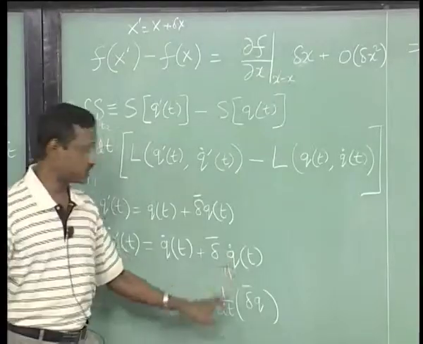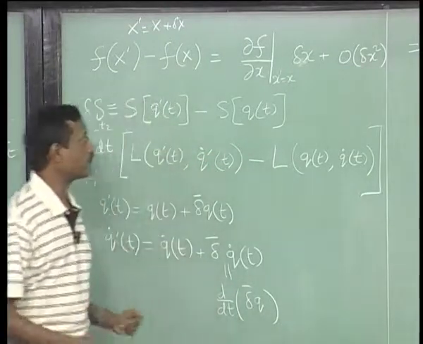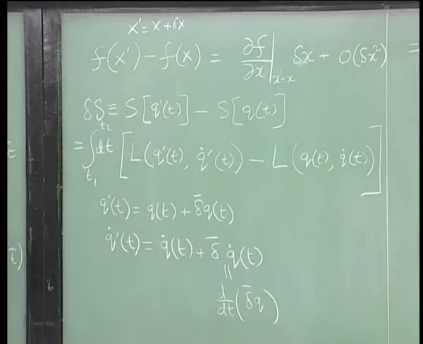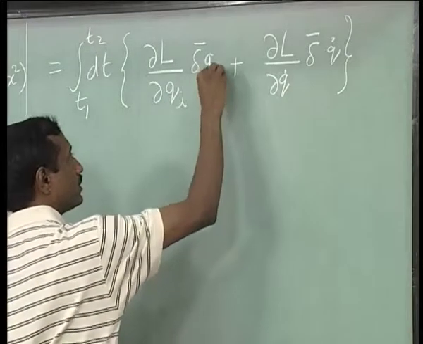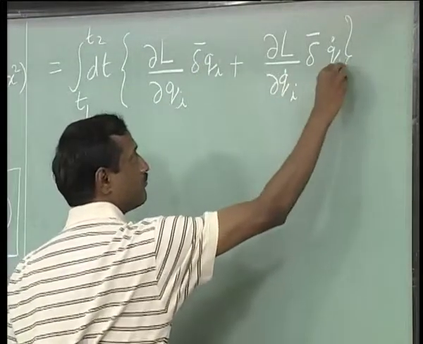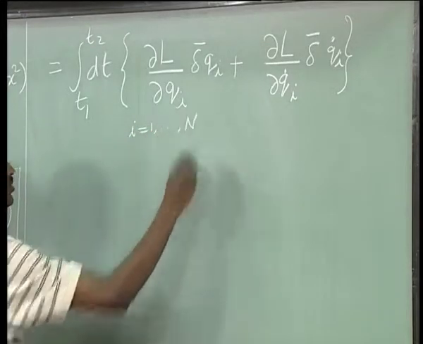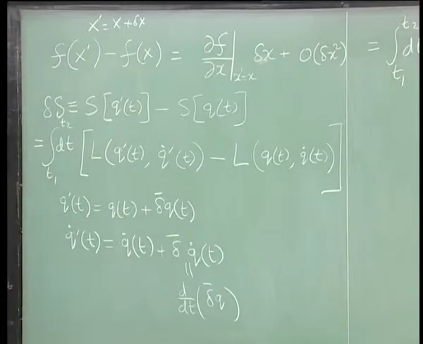So far I have not used this part, but I have just written out this thing, and now I will generalize this for more than one degree of freedom. So let us say i runs from 1 to n. So it is just replacing a function of two variables with two n variables.